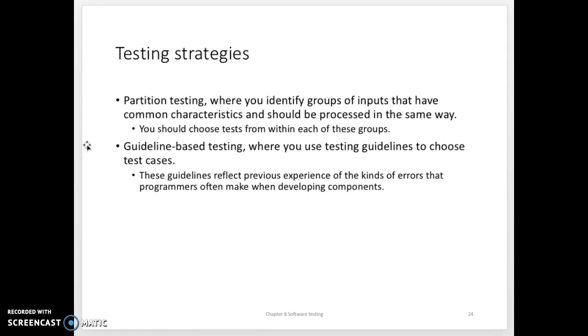Then we categorize those. We put them in different partitions. And guideline-based testing, where we use testing guidelines to choose test cases, and normally those guidelines are based on previous experience of testing different systems.